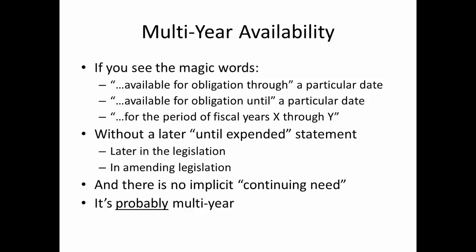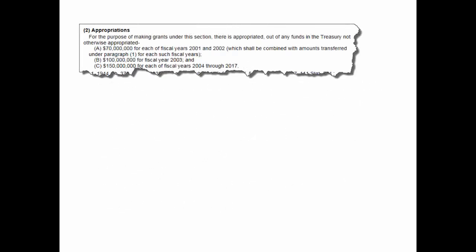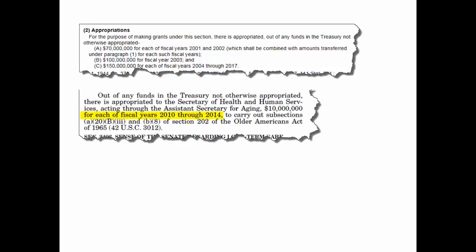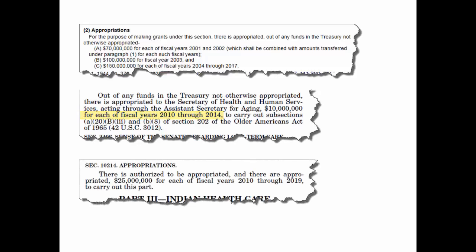So, what would annual availability in a permanent appropriation look like? Well, here are some examples. Phrases like "for fiscal year X" or "for each of fiscal years X and Y" seem to suggest a single year of availability. We also see examples of this language here and here.